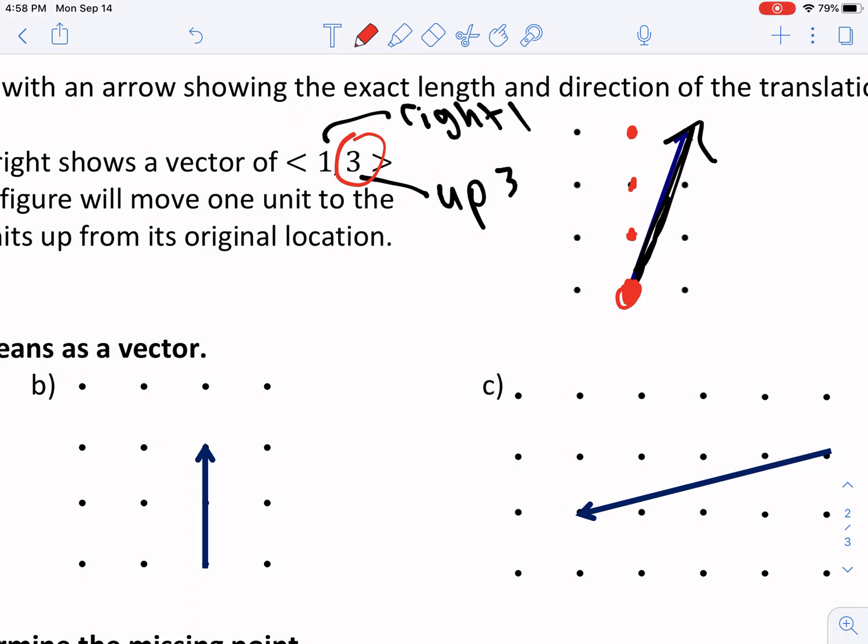So it takes me up 3 spaces to get to the arrowhead, and then how far do I have to go to the left or right? Well, I have to go to the right 1 space to get to the arrowhead, okay? So I had to go up 3 spaces and right 1 to get to the arrowhead. So that's what they're referring to here, is that we can actually write a vector in terms of just drawing an arrow to represent the distance we're going to travel and where we're going to go, okay? So that's how these guys are related here, okay?